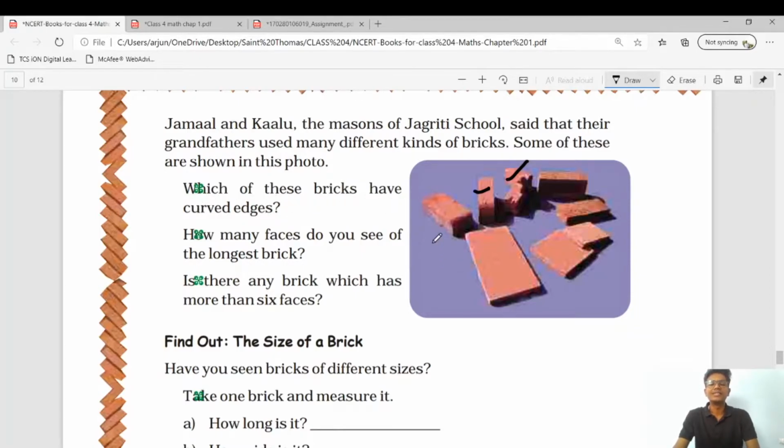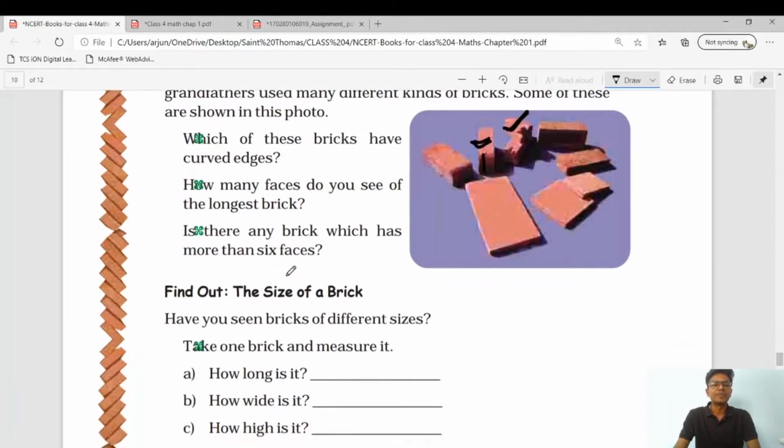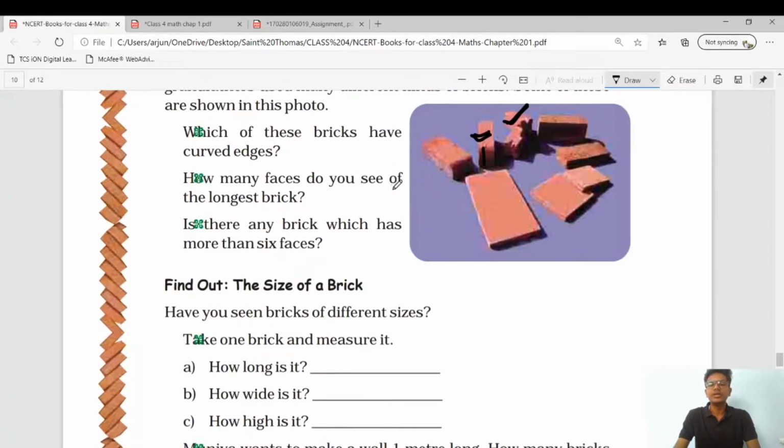If you see in your textbook, you will find that this brick, this one and this one have curved edges. In this you can't see, but in your textbook you will clearly see them.